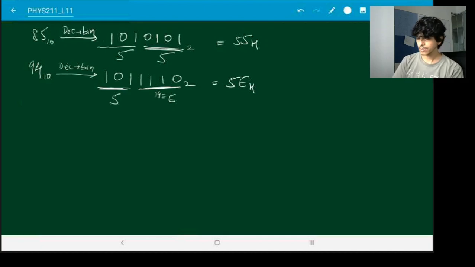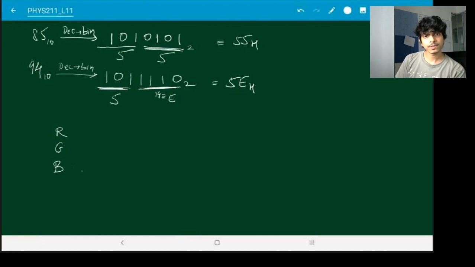Have you seen the use of hexadecimal anywhere? How about, for example, in color codes? So if you look at any kind of software like Photoshop or MS Paint or PowerPoint, where you might want to select a color for something, you might find a 6-digit color code. So there is an RGB.